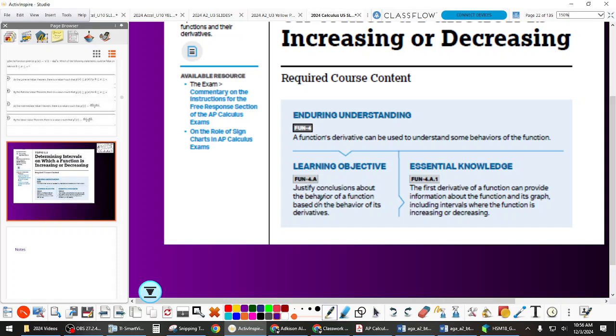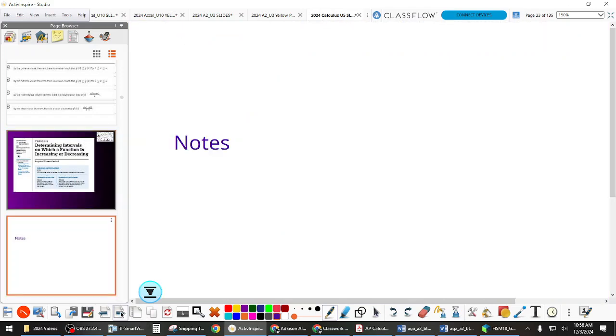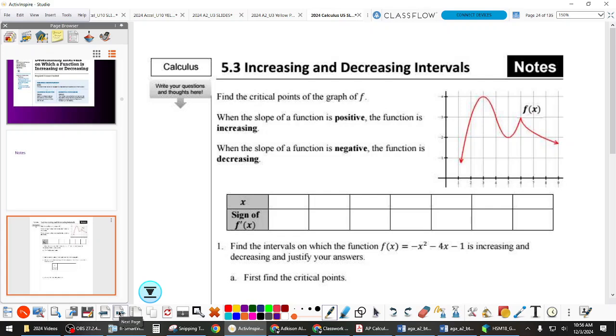But this time we're going to be able to do it based on derivatives instead of just graphing and looking at it. Which is, I think, kind of cool if you think back to how that was, and it was kind of a pain. This is nicer, I think. And the notes on this are kind of long, so we'll try to get through it quickly.